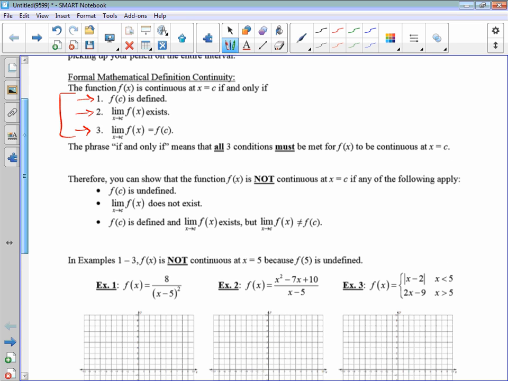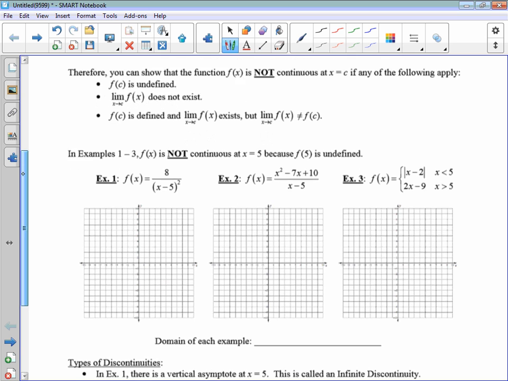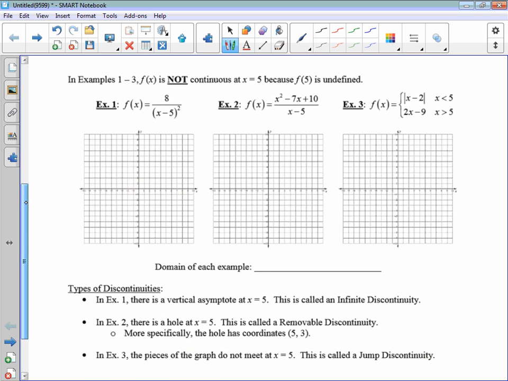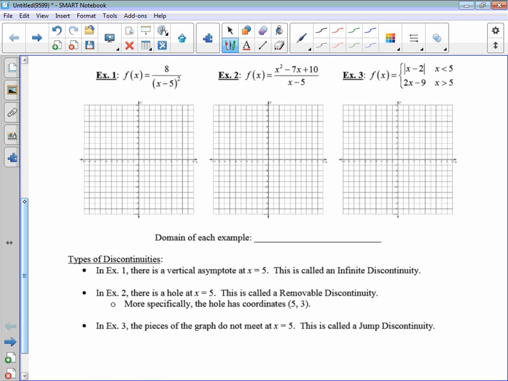All right, so let's look. We're jumping down to the graph here. First example, we've got f of x equals 8 over (x minus 5) quantity squared. Right away, do you recognize that there's an asymptote if we were to graph that?